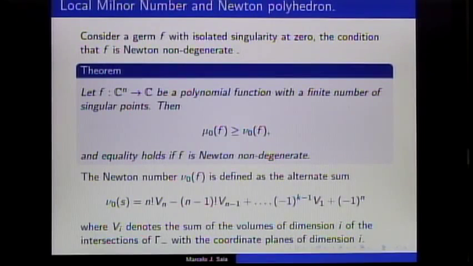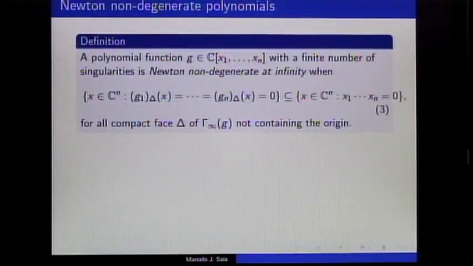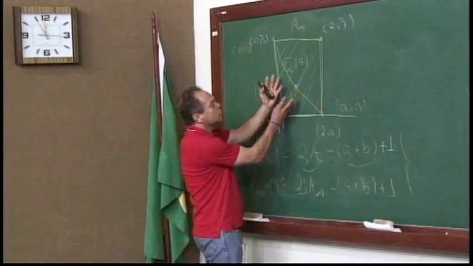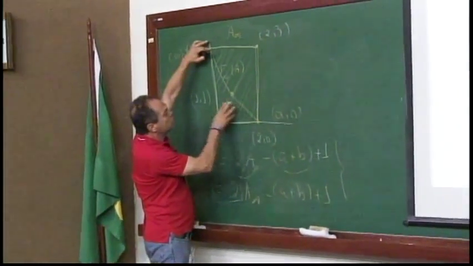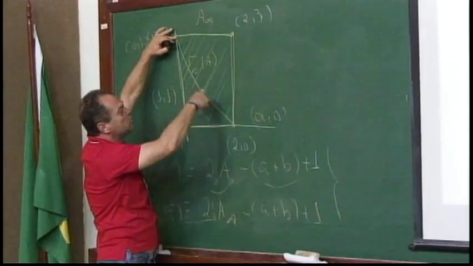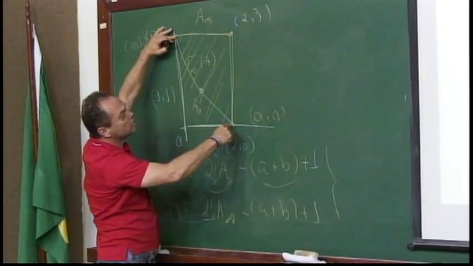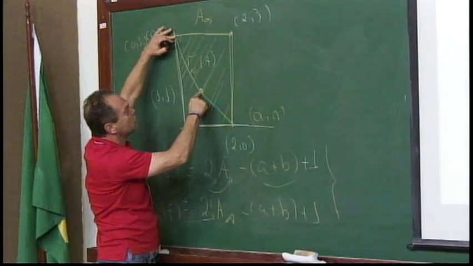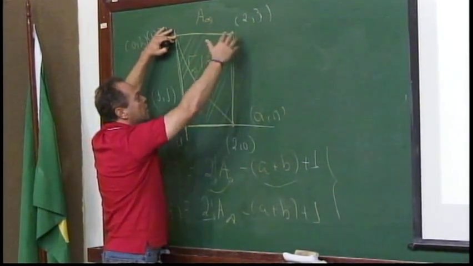This is smaller than this, and on the other side, the equality is different. The Milnor number at infinity goes down. This is the same thing that I was telling before. When you look at the local case, you need to control what's going down the Newton polyhedron. You need to control here. There is nothing else here, because this is the principal part of the germ. So if you have the Newton non-degeneracy condition here, it doesn't matter what we have up.